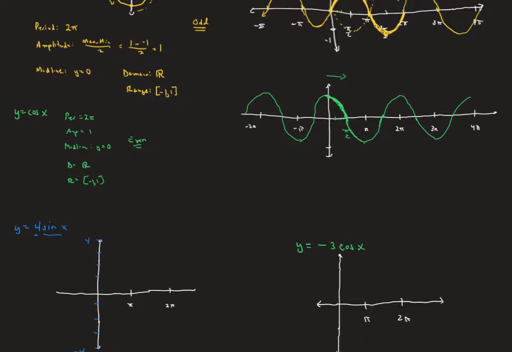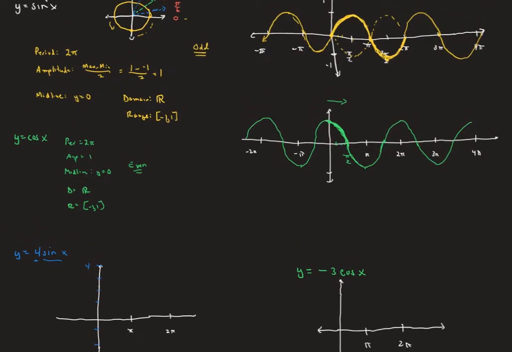The important points on both the sine and cosine curve that we're going to look at for graphing purposes is what happens every fourth of a period. So every fourth of a period, our period's 2 pi, so we're going to say where does it start, and I'm going to use the words a sine curve starts in the middle. I'm going to say a cosine curve starts big.